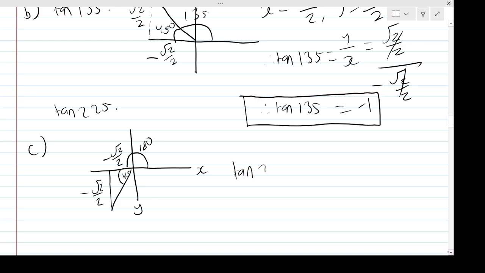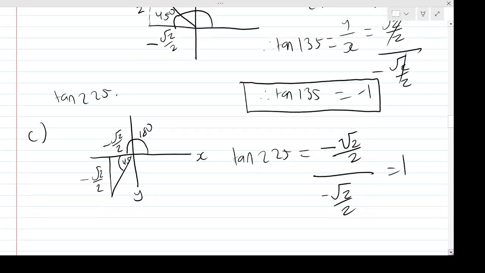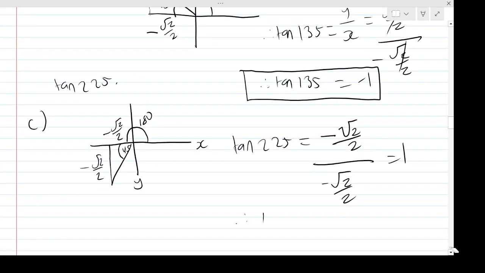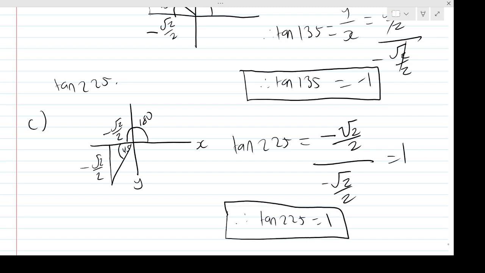So tan of 225, our overall angle, is going to be negative root 2 over 2 over negative root 2 over 2, which should be negative 1 over negative 1, which should just be 1. So they cancel out again. So therefore, we get tan 225 is indeed 1. Okay, cool, there we are.